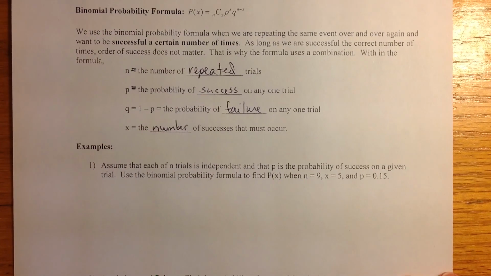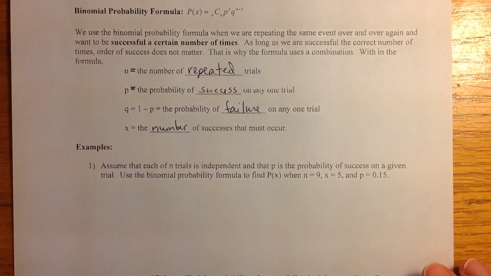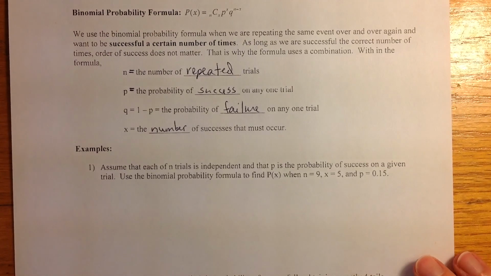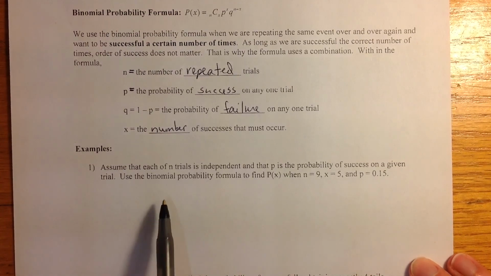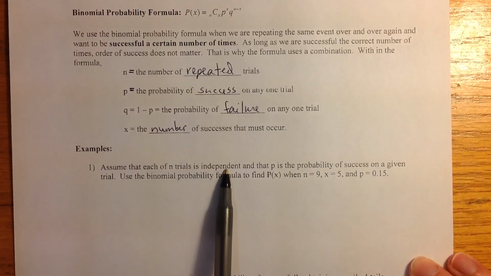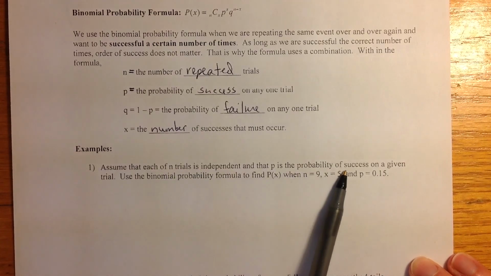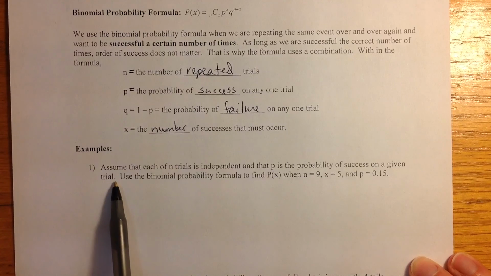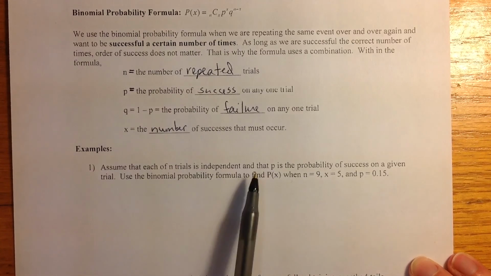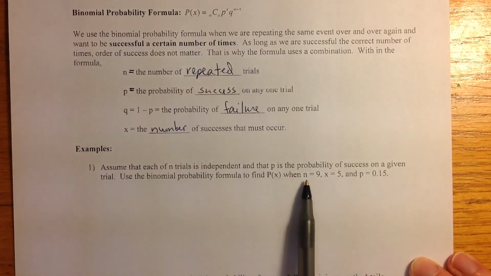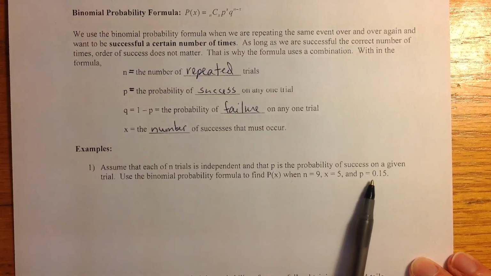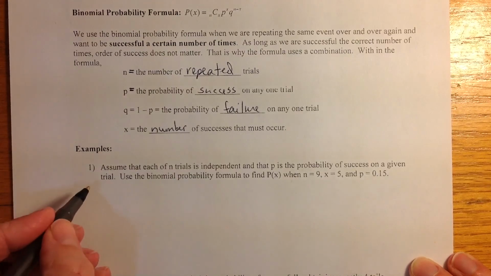So let's look at one that pretty much tells us everything we need and just write how the formula looks. So assume that each of n trials is independent and that P is the probability of success on a given trial. Use the binomial probability formula to find P of x when n is 9, x is 5, and P is 0.15.